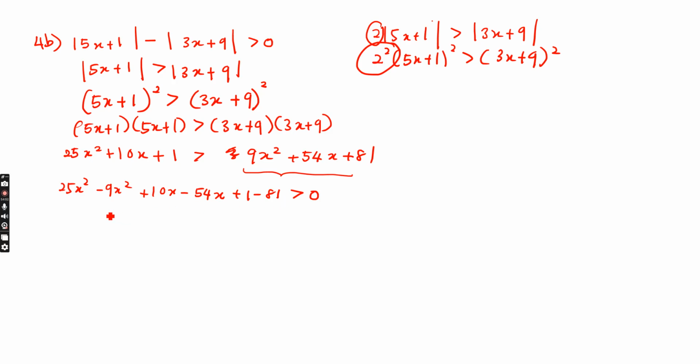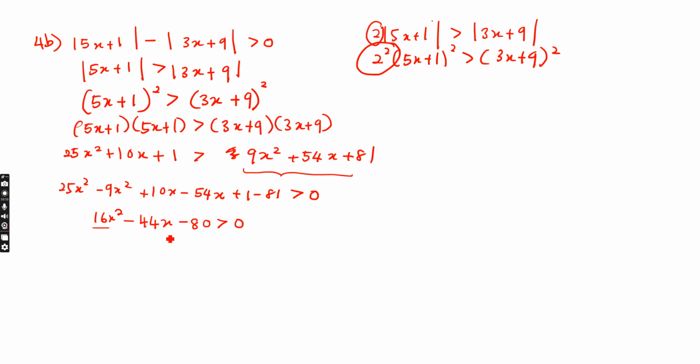Now you solve this. 25x squared minus 9x squared, you're going to get 16x squared. 10x minus 54x, you're going to get negative 44x, and plus 1 minus 81, you're going to get negative 80, greater than 0.